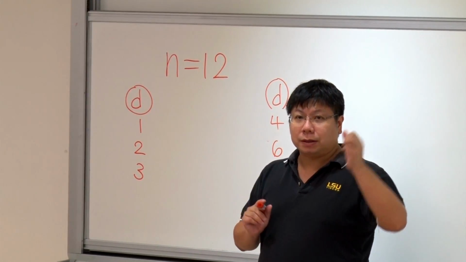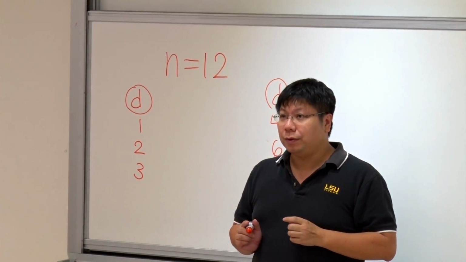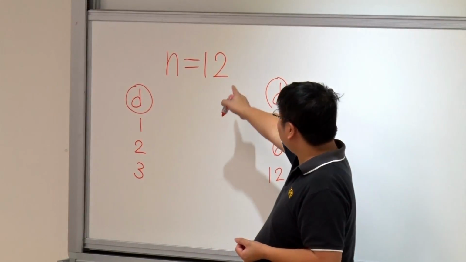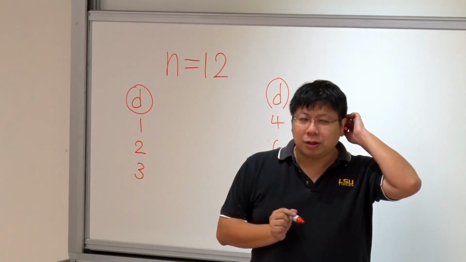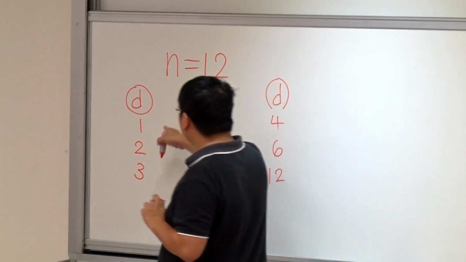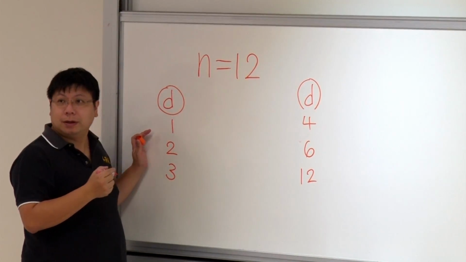And now we are trying to partition the numbers 1, 2, 3, 4, 5 up to 12 into different groups depending on the GCD with 12. Okay, so which numbers between 1 and 12 have GCD equal to 1 with 12?